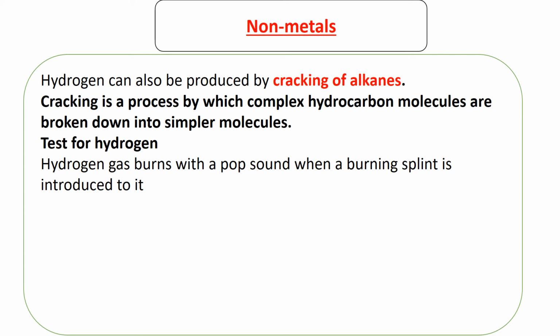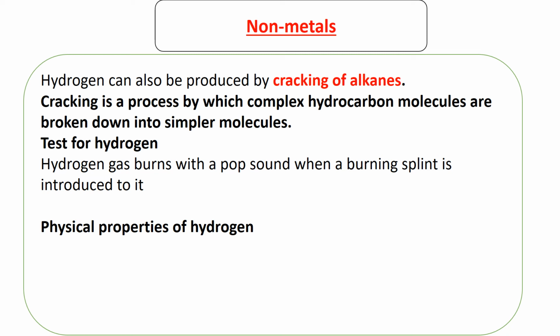When you put that burning splint on the opening of the tube, once the gas tries to escape and meets the burning splint, it's going to produce a pop sound, like pop pop pop. So that's the identity test for hydrogen, as it is called.